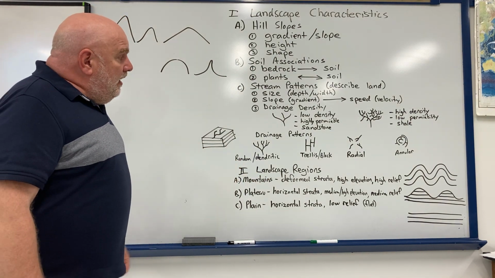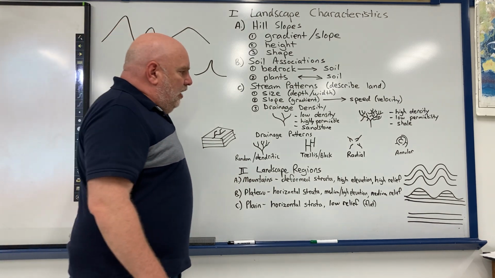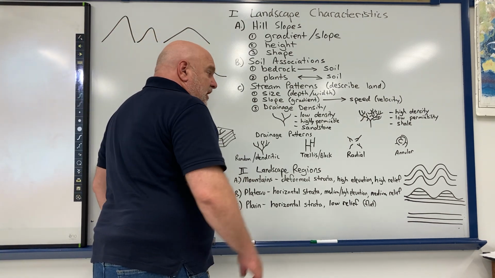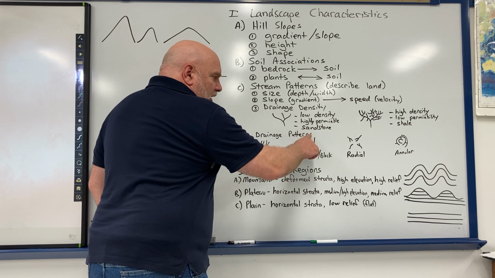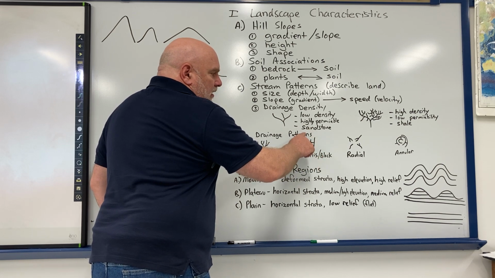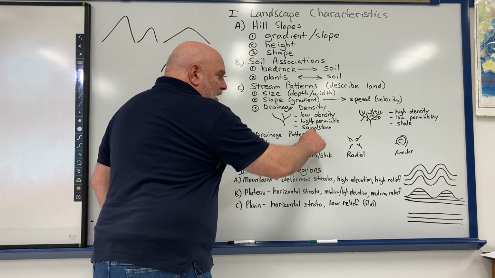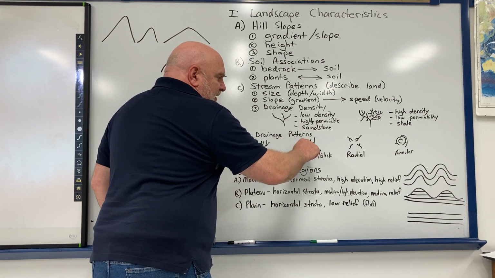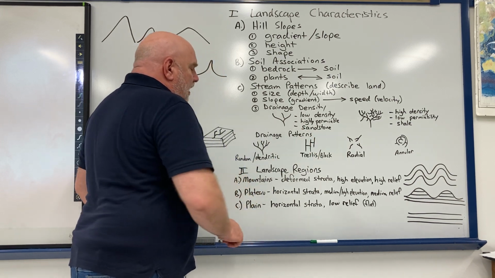The next kind of drainage is something called trellis or block drainage. And what I have here are a bunch of parallel channels, a bunch of parallel streams with maybe a few connector channels to it.